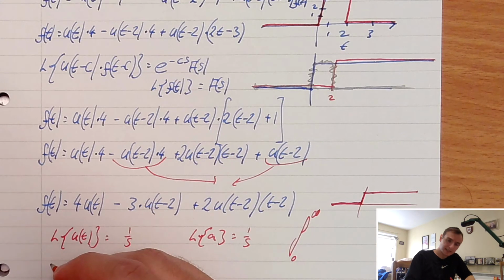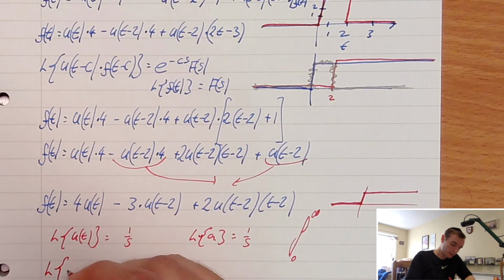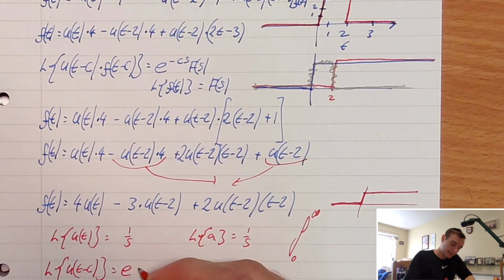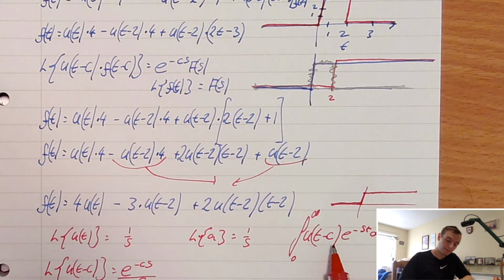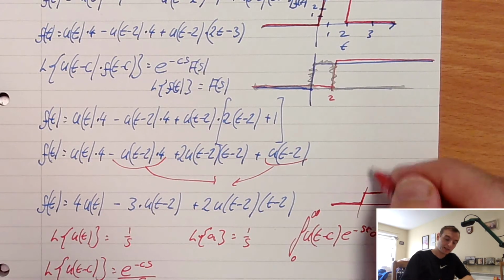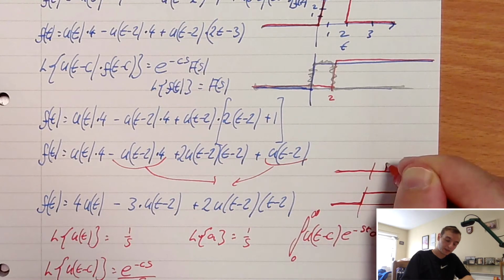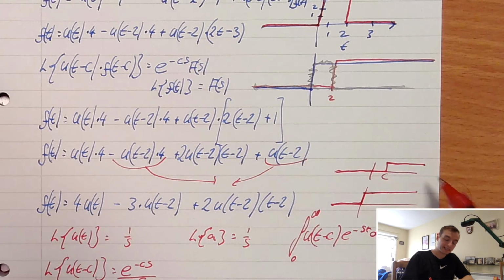We also said that the Laplace transform of u(t-c) equals e^(-cs)/s, because, do you remember, if we do the Laplace transform of u(t-c), the integral of e^(-st) dt, and u(t-c) is just shifting this turn-on function to the value of c, wherever that is.